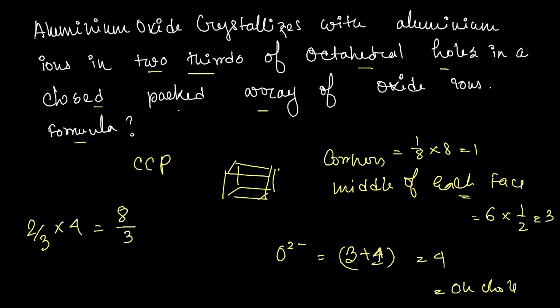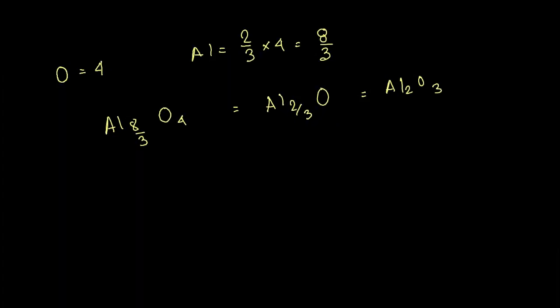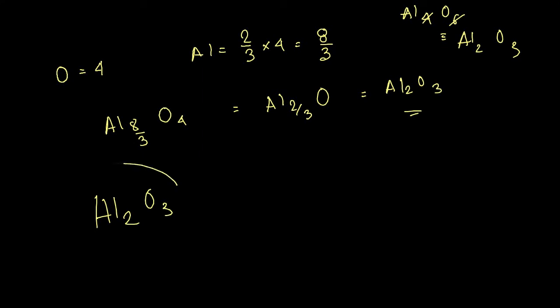So the formula will be aluminium 8 by 3 and oxygen 4, that is Al 8/3 O4. Simplifying, we get Al4O6, and by 2 again, Al2O3. So the simple formula, the answer, will be Al2O3.